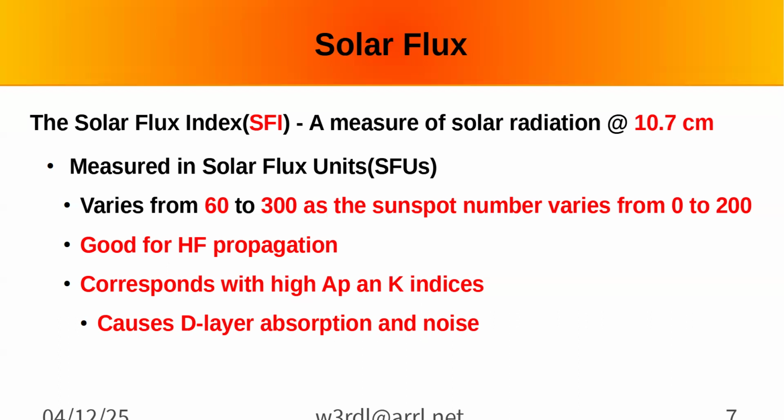If you calculate the frequency, maybe it's a nice even frequency. Maybe, but 10.7 into 300 isn't going to be even. I think it's kind of weird. And it measures solar flux units, but I don't know what a solar flux unit actually is.